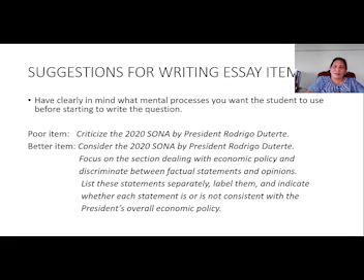And so, as you can see, you can distinguish between the poor and the better item. The better item is more specific, focused, telling the student what exactly you would want them to include in their essays.